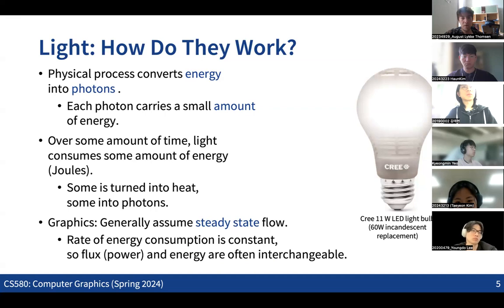So we have a constant ratio of turning the energy into heat and turning the energy into photons. We are going to use these two terms, power and energy, interchangeably.